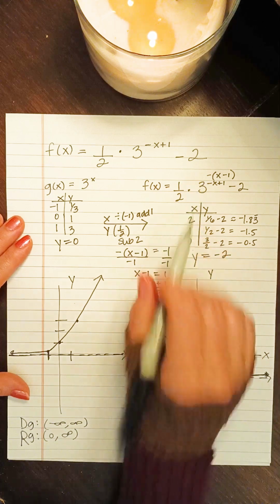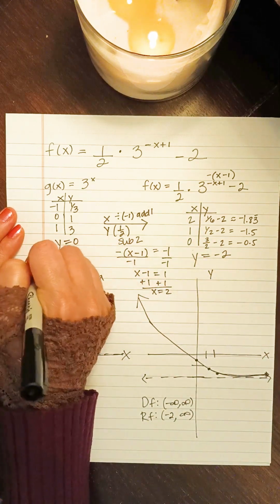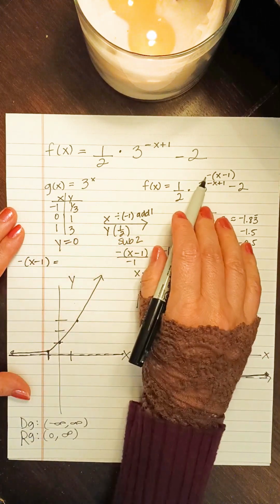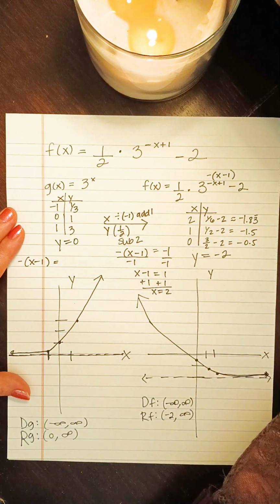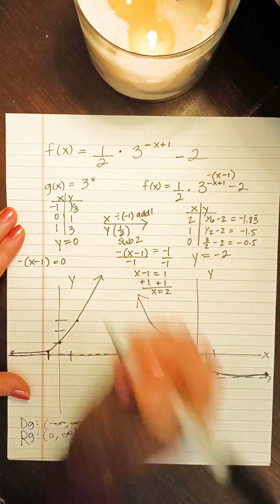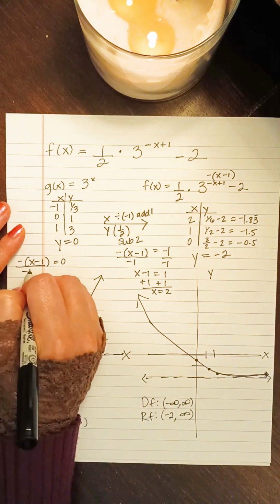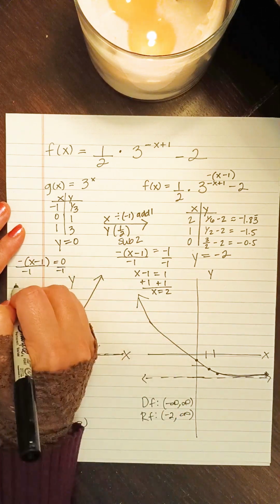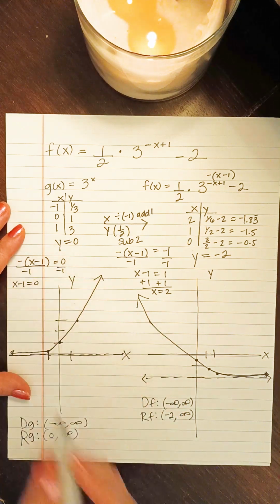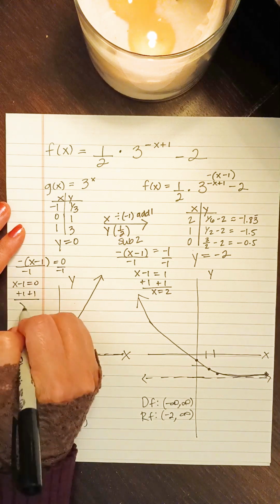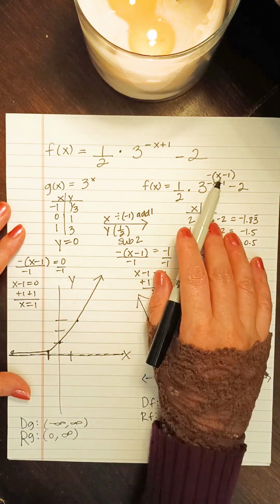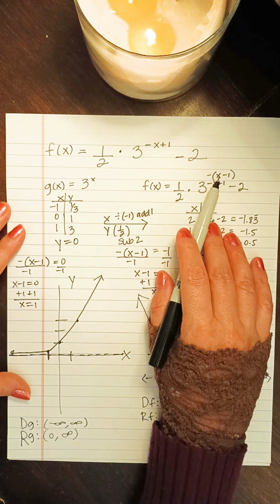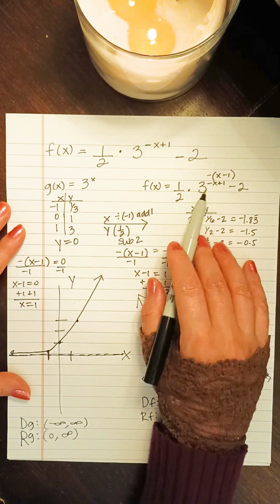You just keep following the order of operations. So again, if it's -x minus 1 and you want this to be a 0 because you want to evaluate 3 to the 0 power, it's equal to 0. So you divide by -1 to get x minus 1 equals 0, and then you add 1 to get x equals 1, right? So we got 1. And if you plug in 1, 1 minus 1 is 0, 0 times negative 1 is 0, so it's 3 to the 0.